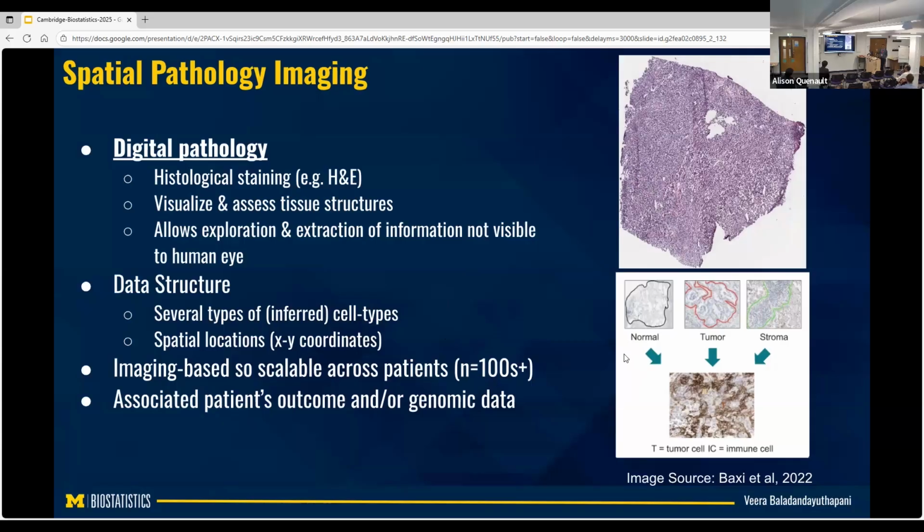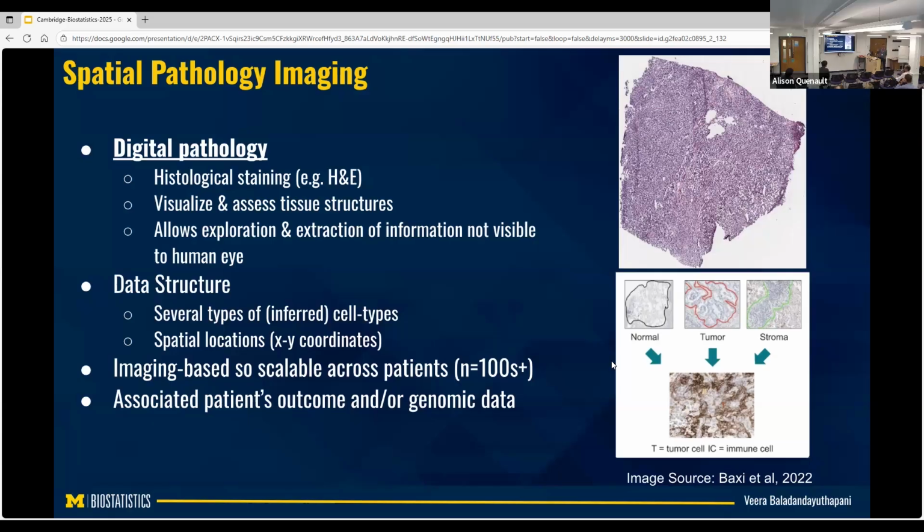And especially you can at least get some coarse level information, whether a cell is an immune cell, or is it a tumor cell, or is it a stromal cell, which is surrounding the tumor. So, the nice thing about this is it's scalable. It's basically taking pictures of the tumor. So it's imaging based, so it's very scalable.